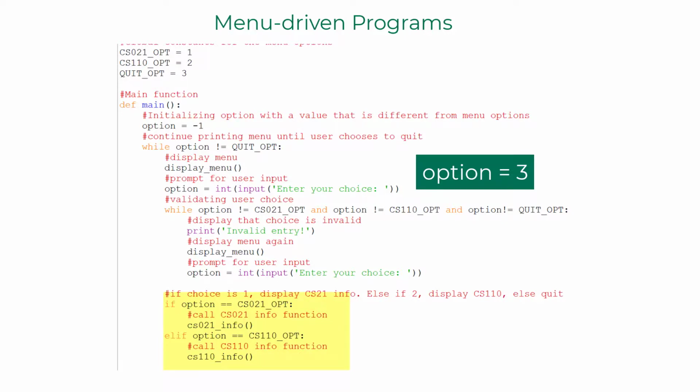The program returns back to the while statement up above. As option is equal to quit_opt, which holds the value 3, the program breaks out of this while loop and finishes executing. You can use this as a backbone code structure for almost any menu-driven programs that you have to write in this course.